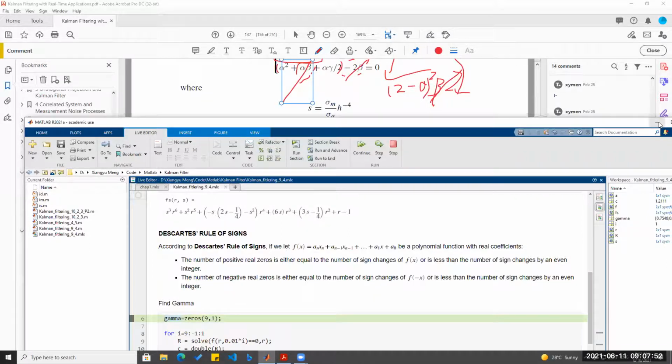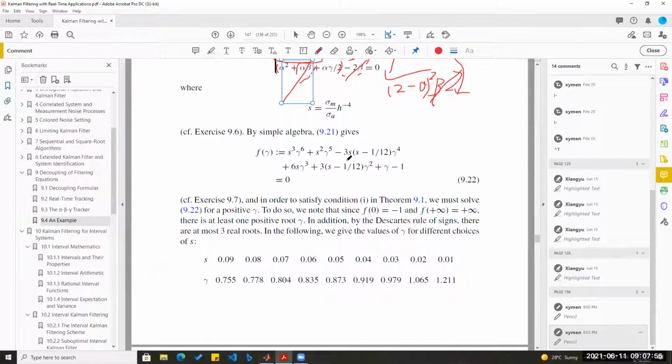So what does it mean? For example, in this case, assume s is greater than 1 over 12. This coefficient for this term is a negative term. We have a positive coefficient, then from positive to negative, this is one sign change.